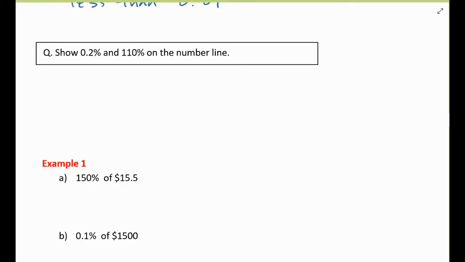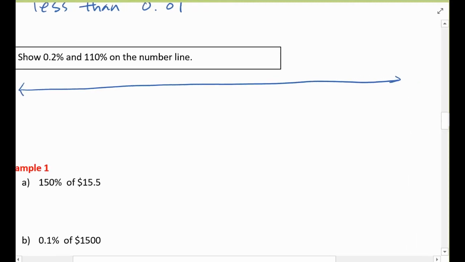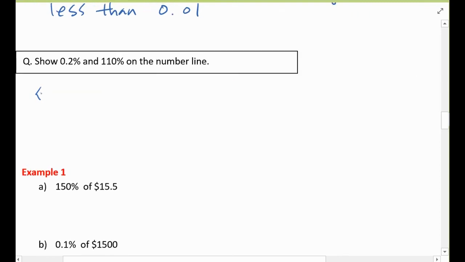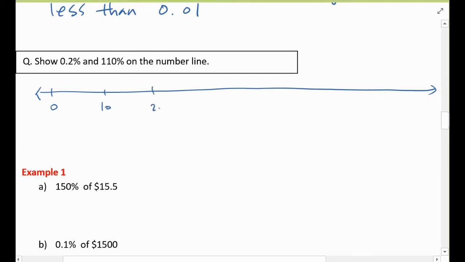Alright, next question. Show 0.2% and 110% on a number line. So I want you to try this by yourself. I want you to draw number lines like this. And this is 0, 10, 20, 30, 40. Say this is 100.